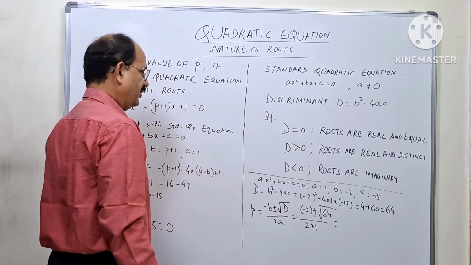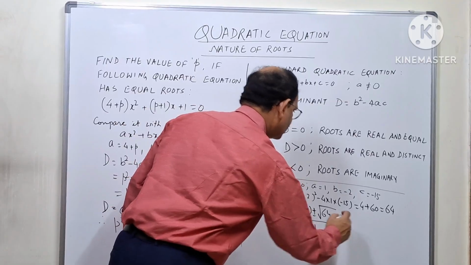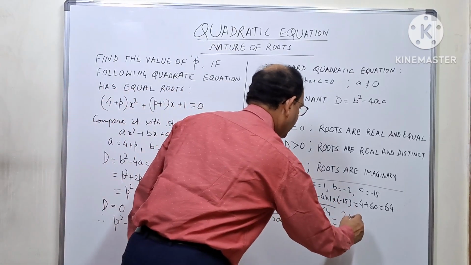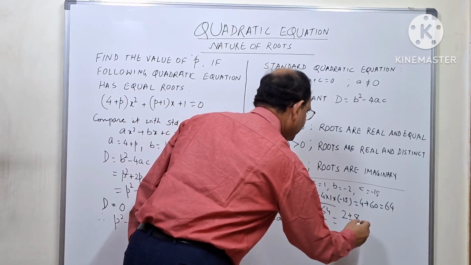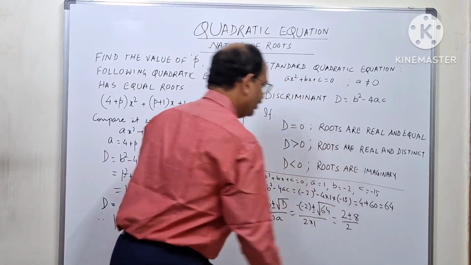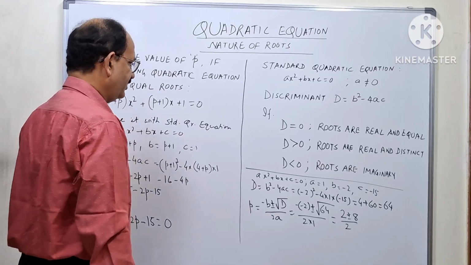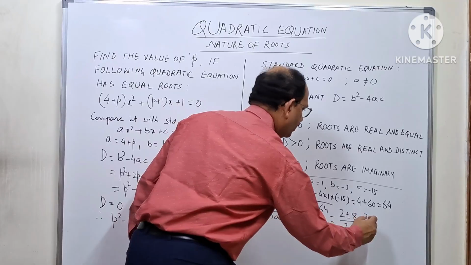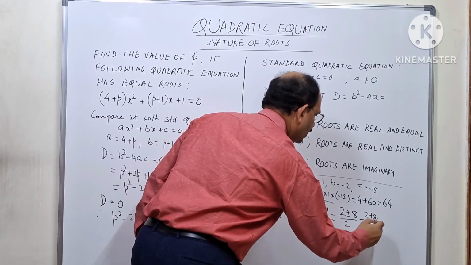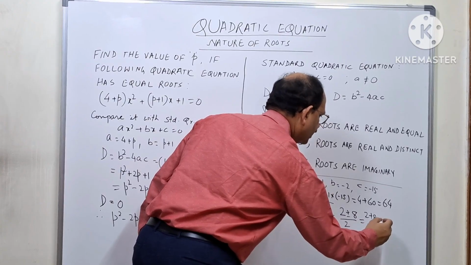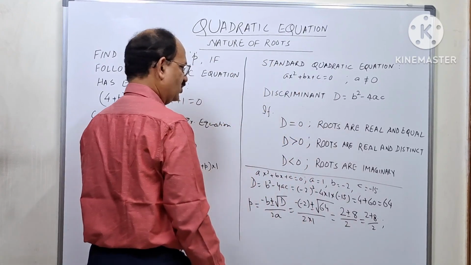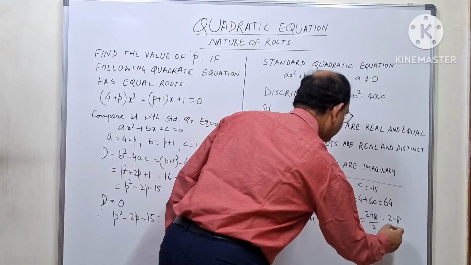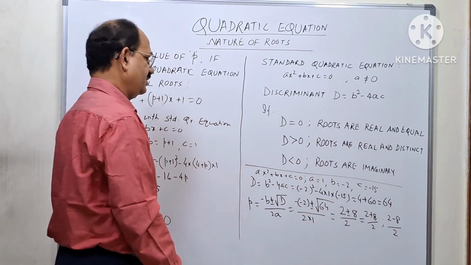And therefore, we will get minus and minus 2 becomes 2 plus 2, and plus minus square root of 64 becomes 8 divided by 2. If we break it up, then we will find that it will be either 2 plus 8 by 2 or it will be 2 minus 8 by 2, right?